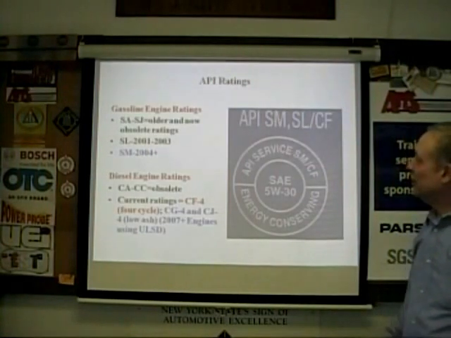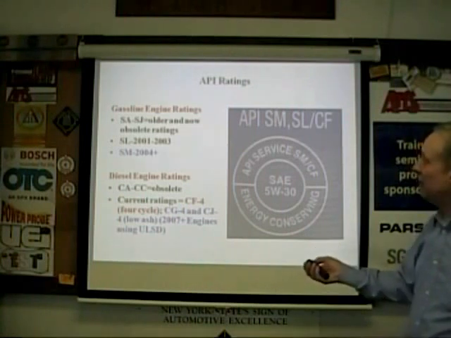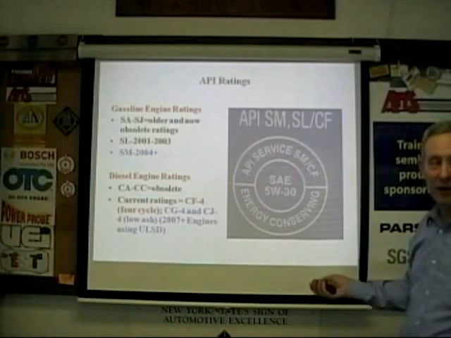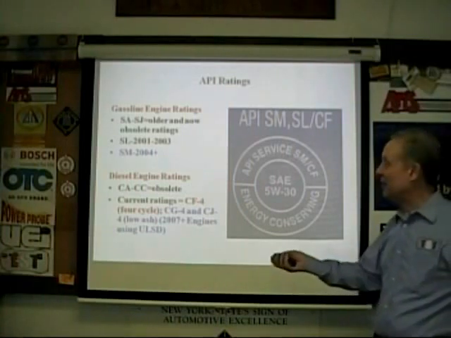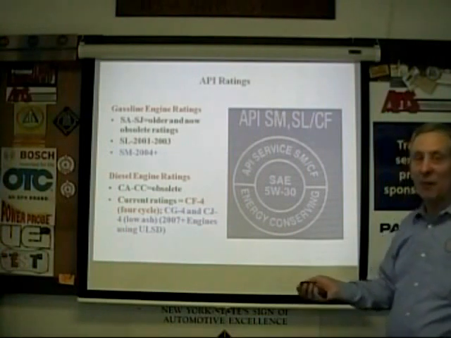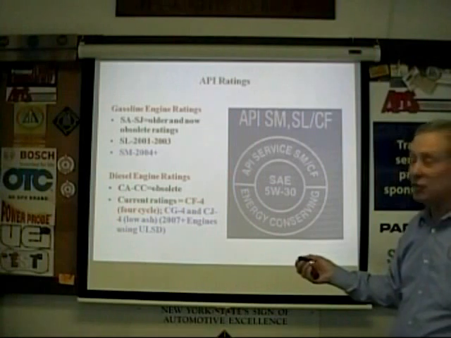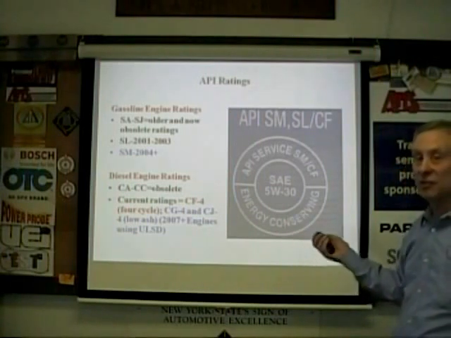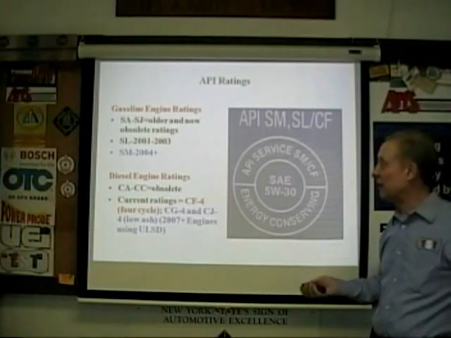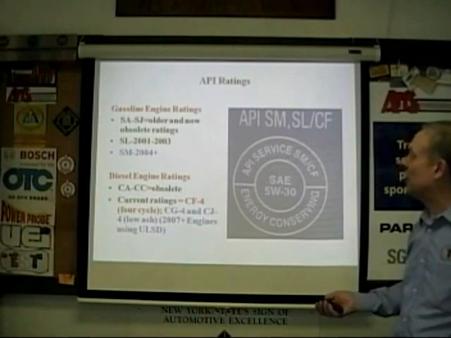Alright, technically this is my way of presenting it, but the gasoline engines are S. I always say it's for spark, it's technically not right, and the diesels are C for compression. That's my way of remembering it. Technically, it's not actually the nomenclature, but as long as you know that an S-spec oil is for a spark ignition engine and a C-rated oil is for a diesel engine, you'll be looking at the right number.